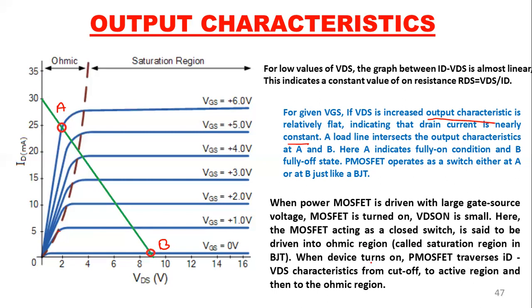When the device turns on, the power MOSFET's ID-VDS characteristic moves from the cutoff region to the active region and then to the ohmic region. You can see how the characteristic is changing. Initially it is linearly increasing, and after that it goes to a constant value for a particular value of gate to source voltage.